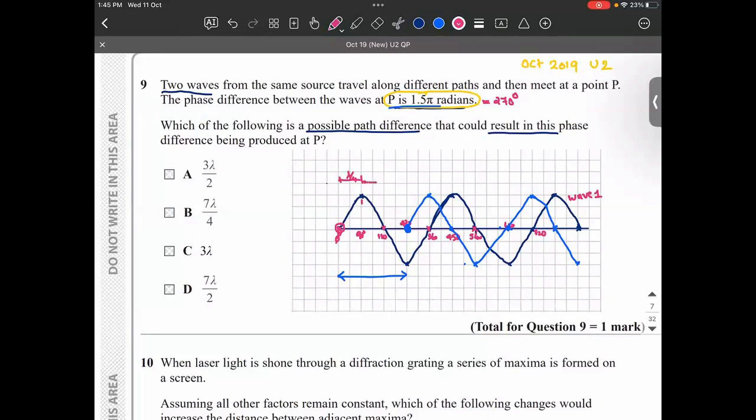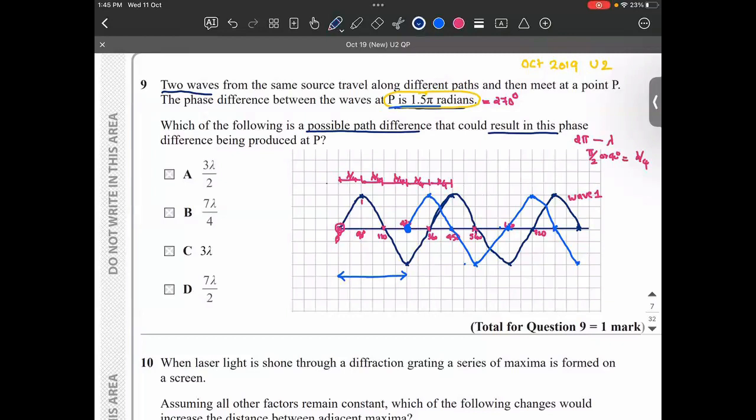So this is also lambda by 4, and this is also lambda by 4. So in 90 degree intervals, the path difference will always be lambda by 4. What is the reason? Because for 2 pi, it is lambda. Therefore, for pi by 2 or 90 degrees, it must be lambda by 4.